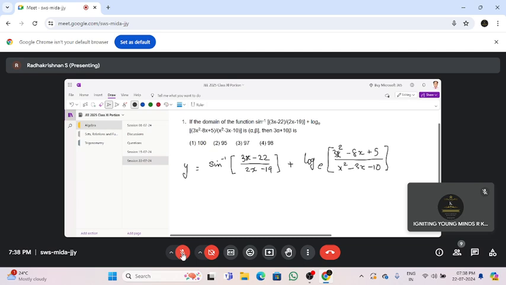Can somebody tell, what is domain? Domain versus codomain and range. I think we even talked about those when we covered functions and relations.